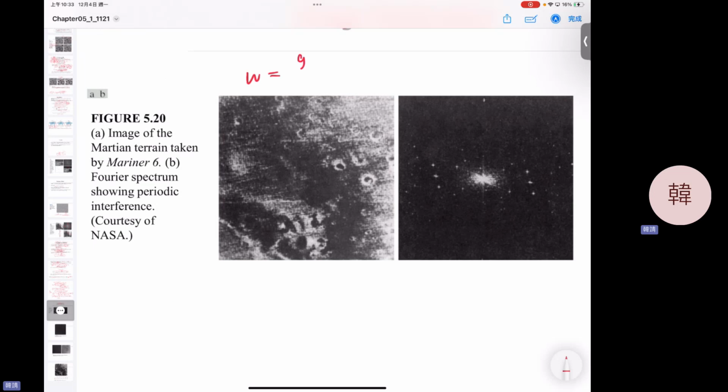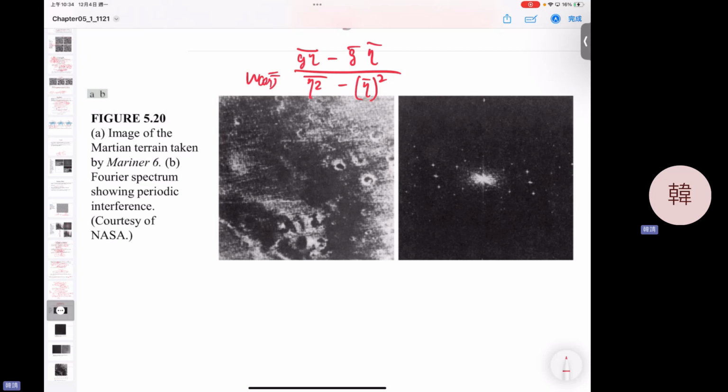W equal to g eta bar minus g bar eta bar, divided by eta square bar minus the square of the eta bar. So at every point here, we are going to do that and see what the result will be.